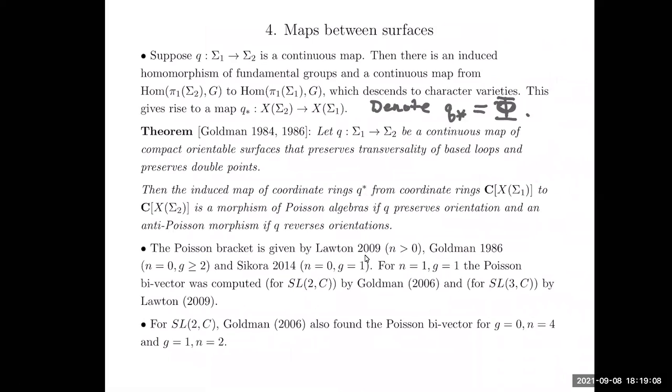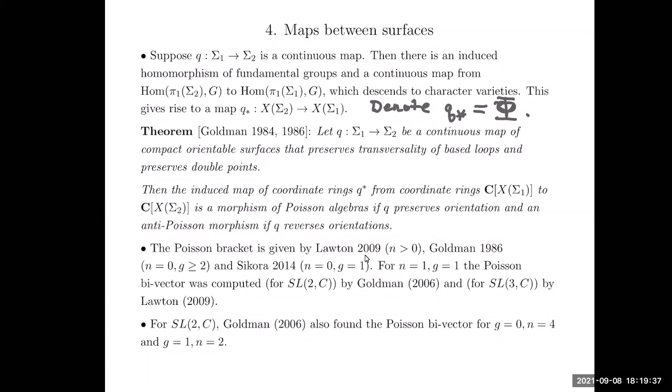Okay, so if Q is a continuous map, then there's a homomorphism of fundamental groups and a continuous map from the space of representations into G, and this descends to character varieties. This is basically the same thing as the map phi that we had defined earlier.